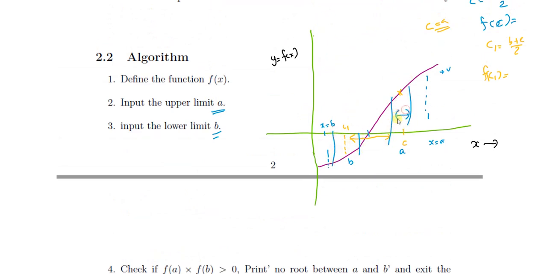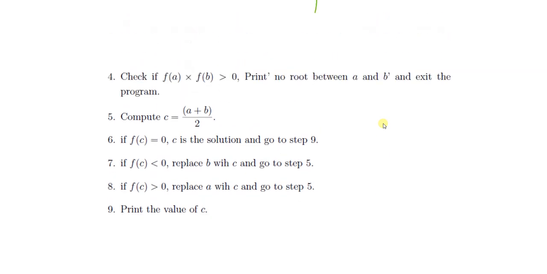The bisection method will not lead to a solution, because for getting a solution we have to take values of x which lie on either side of this solution. First of all, you have to check if f of a into f of b is greater than 0, meaning no root between a and b, then exit the program.